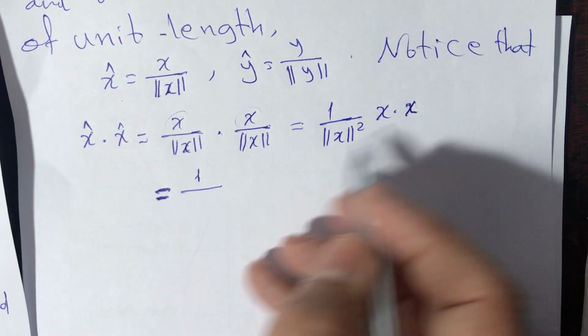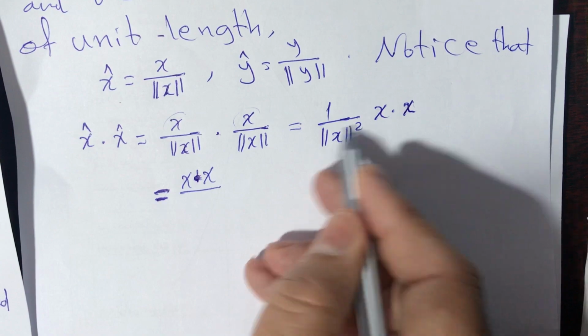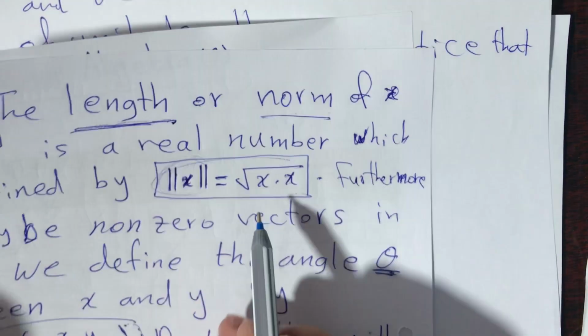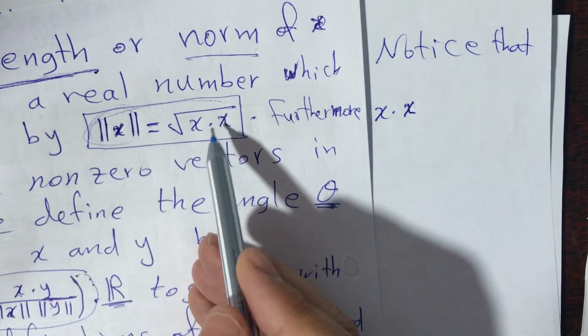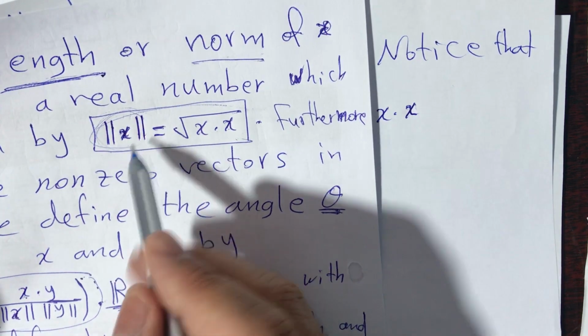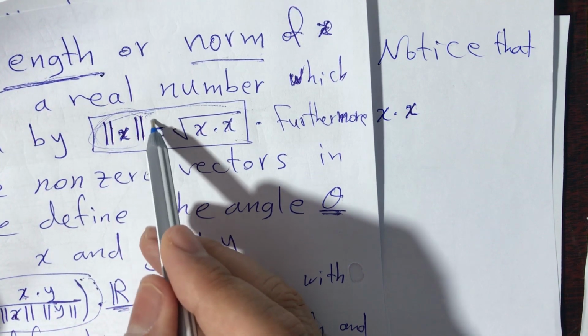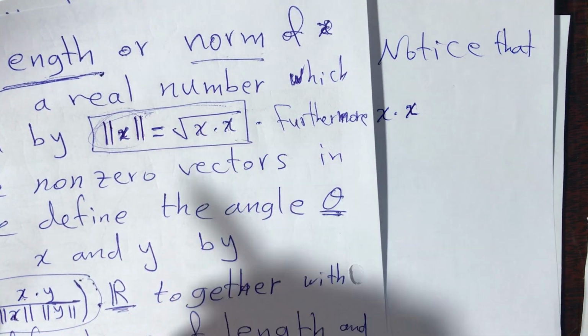This will be x dot x here. If we take the square of both sides, the norm of x squared will be equal to x dot x.